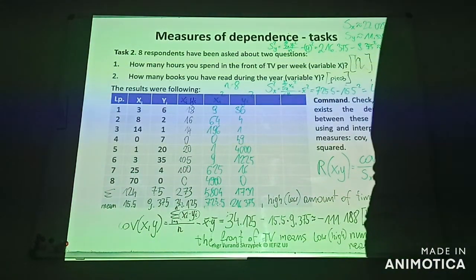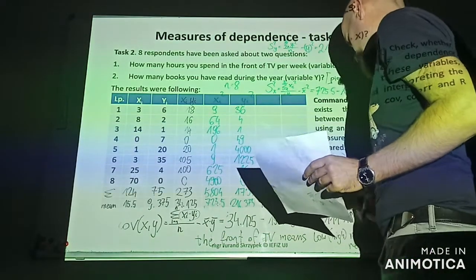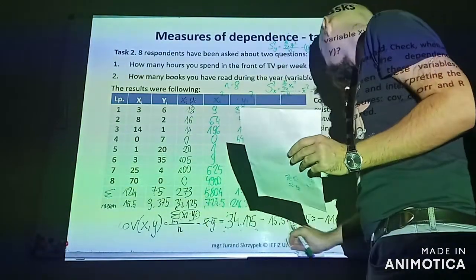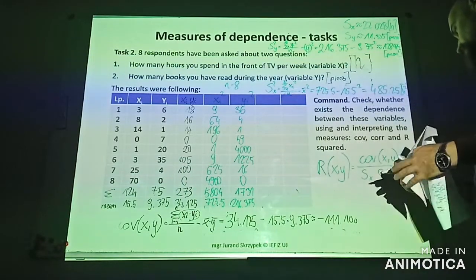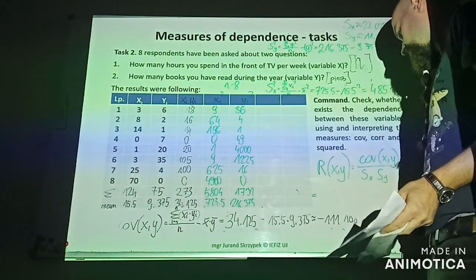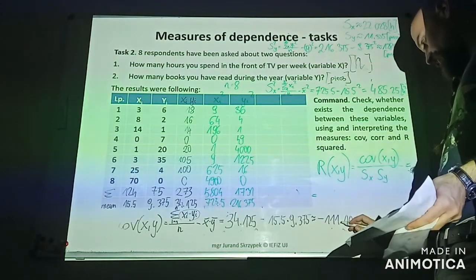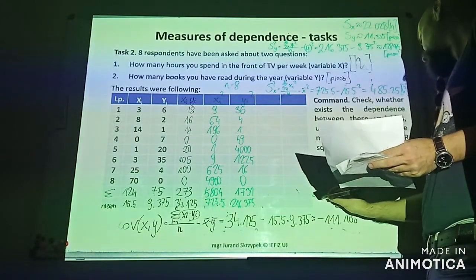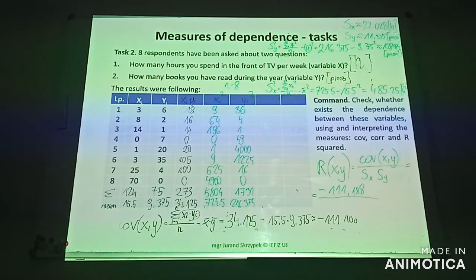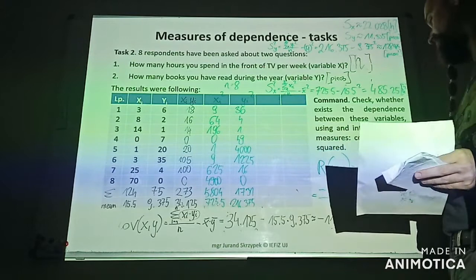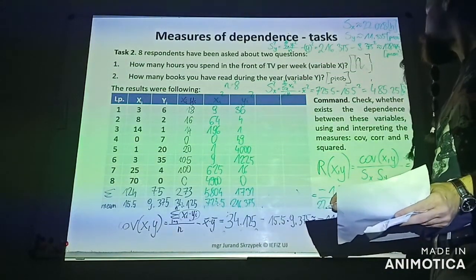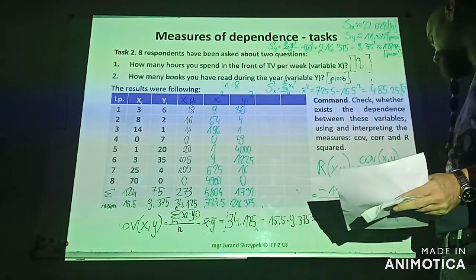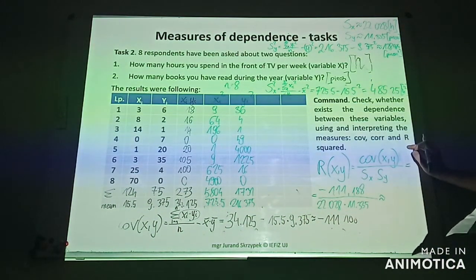and now we can move on to coefficient of correlation computation. Covariance between both variables values is minus 111.188, and we divide this value by the product of standard deviations, 22.028 times 19.335.